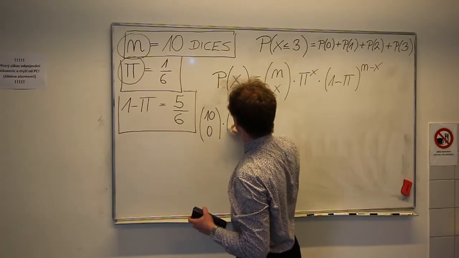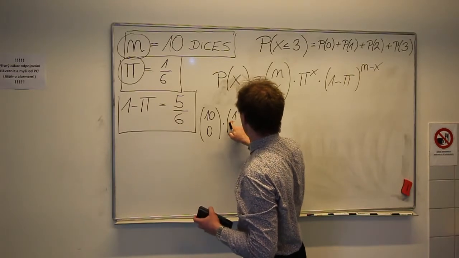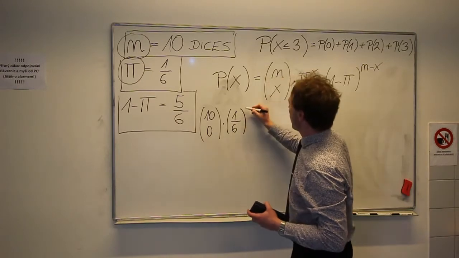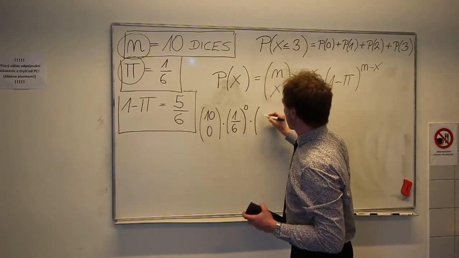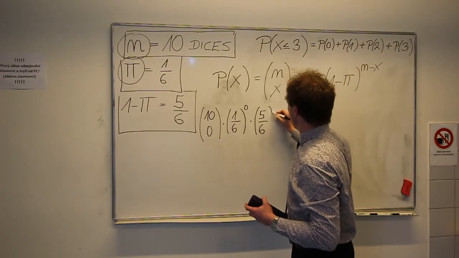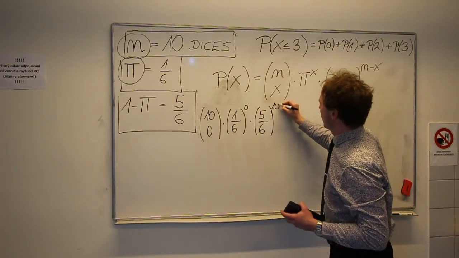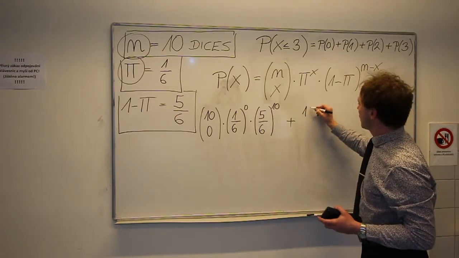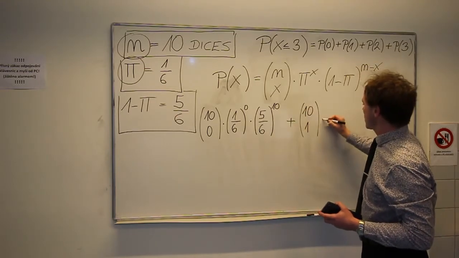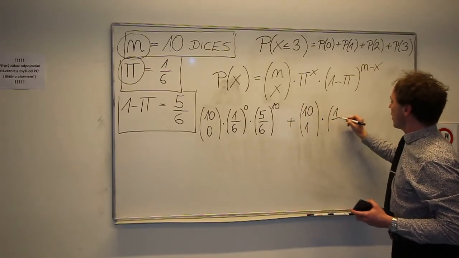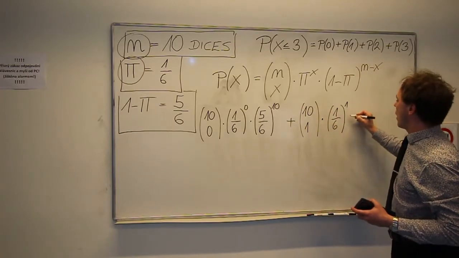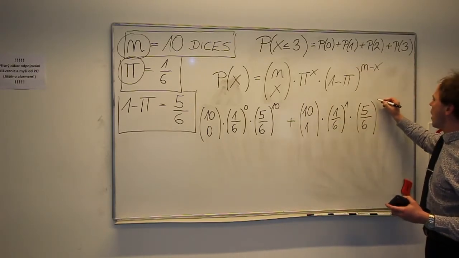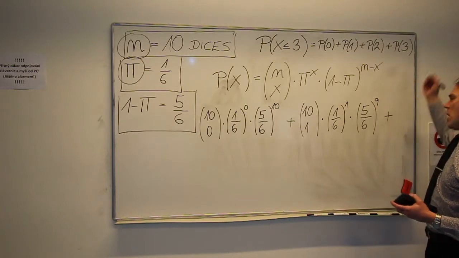Yes, multiplication 1 divided by 6 powered by 0 times 5 divided by 6 powered by 10. Yes, so this will be the first probability function, plus 10 above 1. Yes, multiplication 1 divided by 6 powered by 1 times 5 divided by 6 powered by 9.